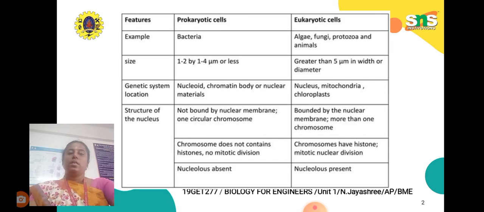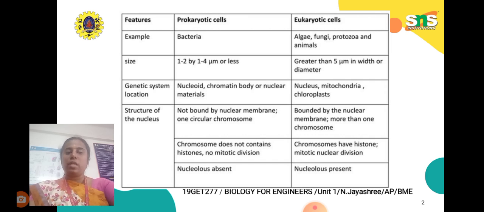Next, the genetic system. A nucleoid or chromatin body is present in the prokaryotic cell, whereas in the eukaryotic cell the nucleus, mitochondria and chloroplast are present. The nucleus is not bounded by a nuclear membrane and has one circular chromosome in prokaryotes, whereas in eukaryotes it is bounded by a membrane and has more than one chromosome.